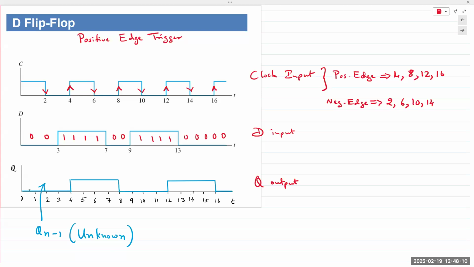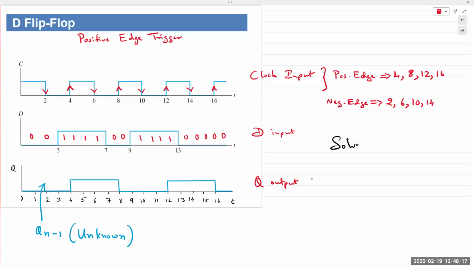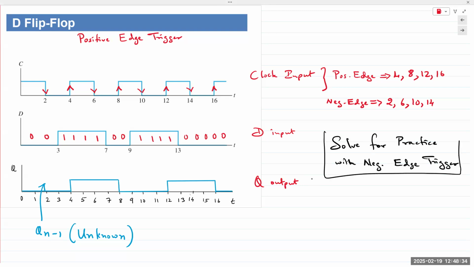You can do the same example with a negative edge trigger, see what the output looks like, and you can compare it.